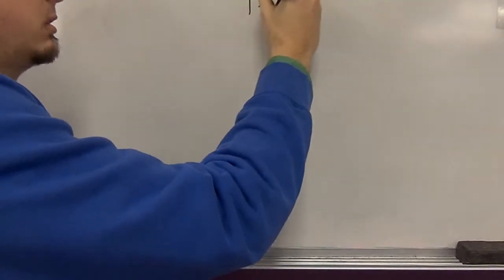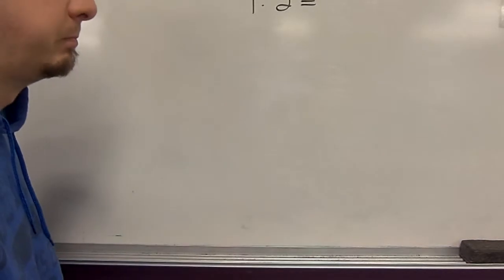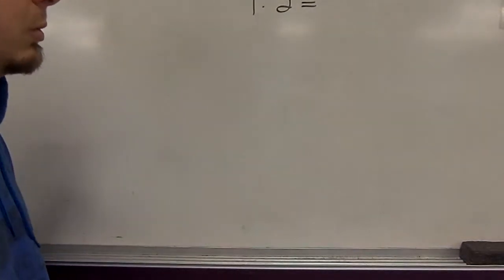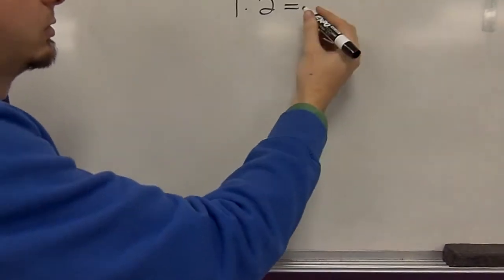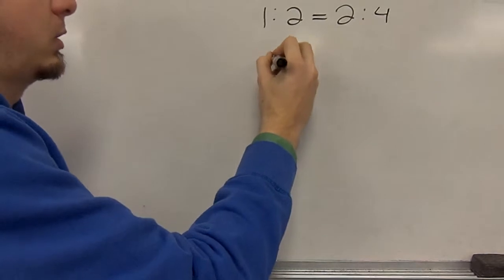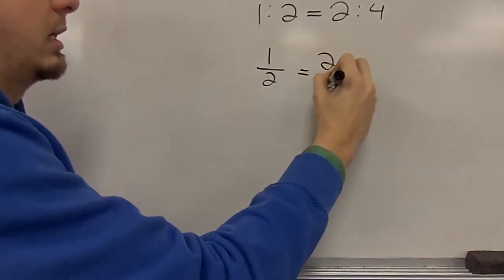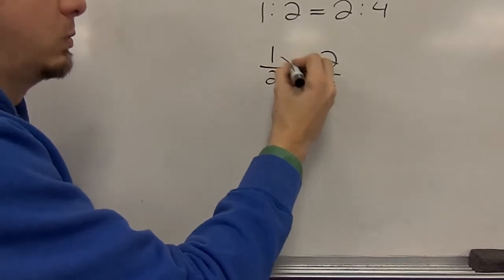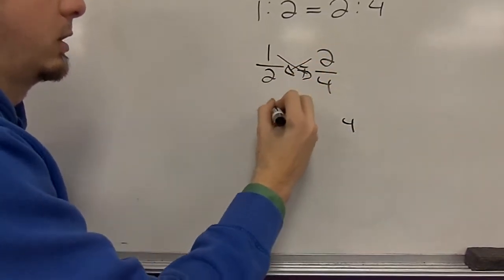A neat thing about proportions, or equal ratios, or you could even say equal fractions, since you can turn your ratios into fractions, is that when you put them in fraction form and cross multiply, I do 1 times 4 and get 4, and I do 2 times 2 and get 4.